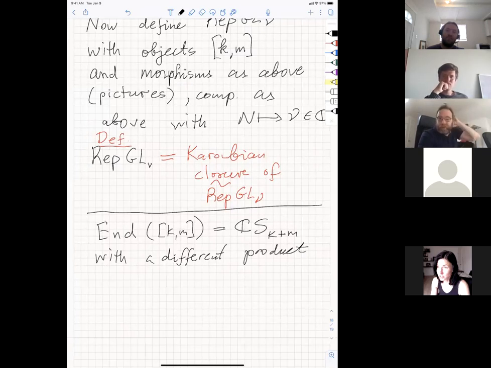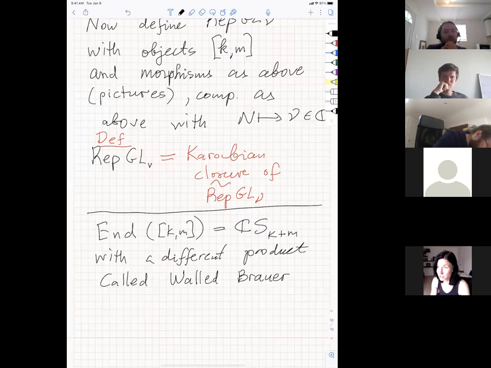But here we get loops, and then we have to replace them with nu. And so this algebra depends on nu. And this is called the walled Brauer algebra, B K M of nu.